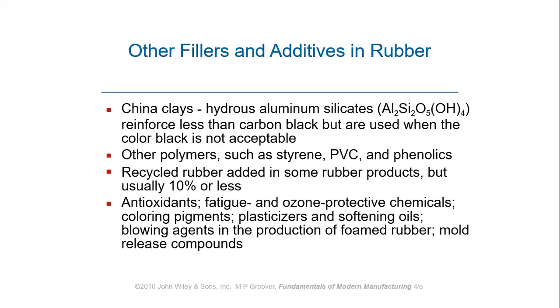And mold release compounds are also used to facilitate the release of the final product from the mold. For example, if you are using compression molding to manufacture a product and that product has to be removed from the mold, then mold release compounds used with the rubber come into account, and the release becomes much easier.